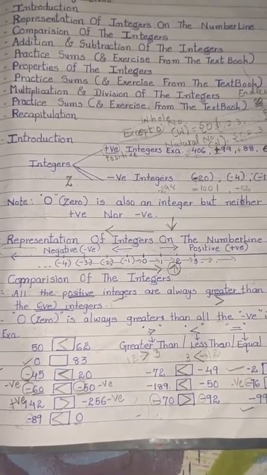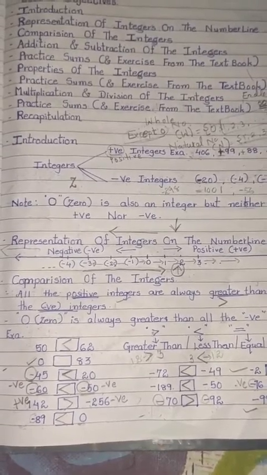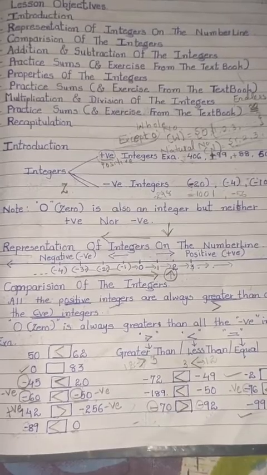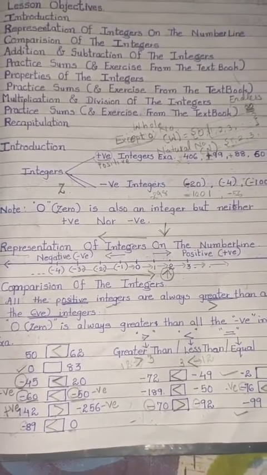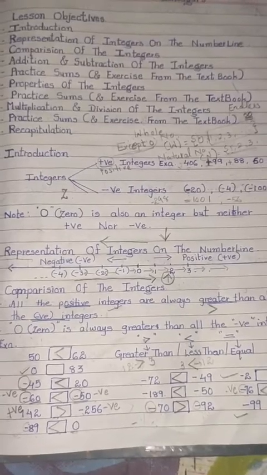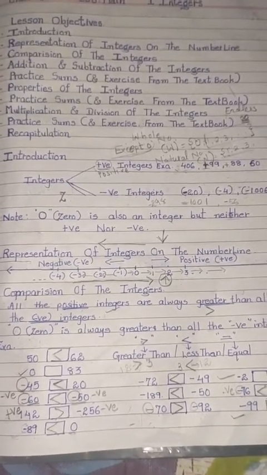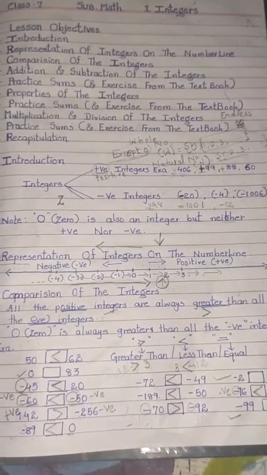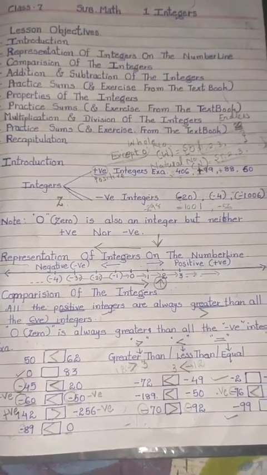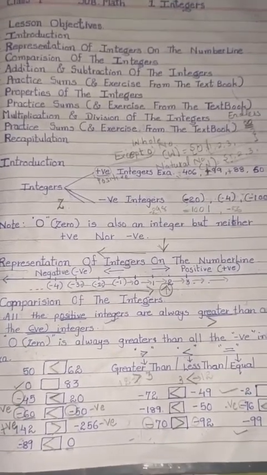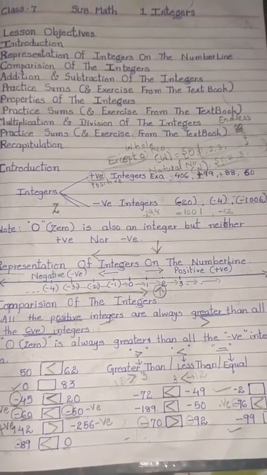For that, I ask you to remember one sentence: all the positive integers and 0 are always greater than all the negative integers. So this is what we have seen in last class. I hope you have done practice of it.